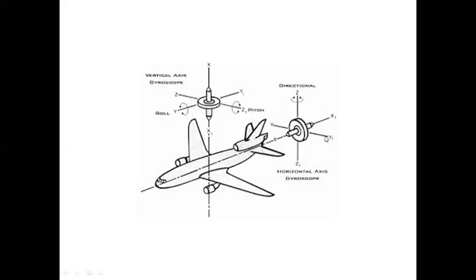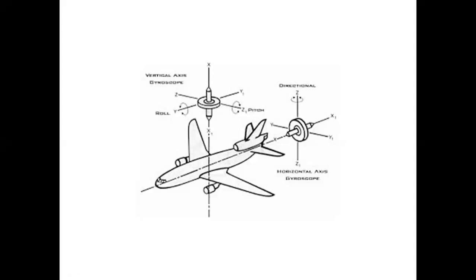If we are experiencing a couple about the y axis, what will happen? The aeroplane will either move such that its nose will be raised or its tail will be raised, is it not? If I am applying the couple about the y axis, its nose will be raised or the tail will be raised.